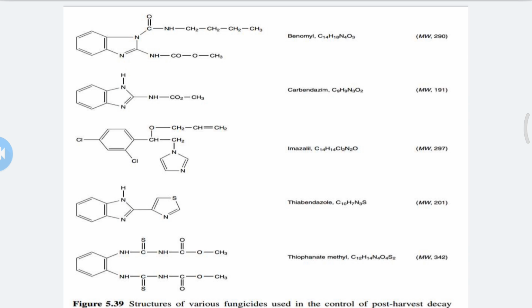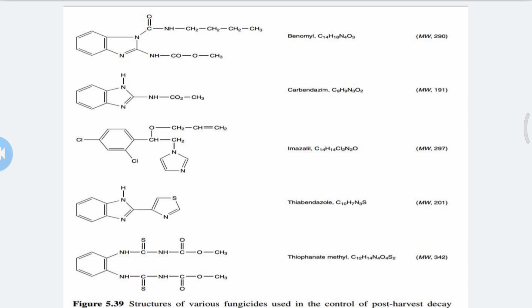Out of these we discuss 5, including 2 of interest in this study, that is carbendazim and thiabendazole.